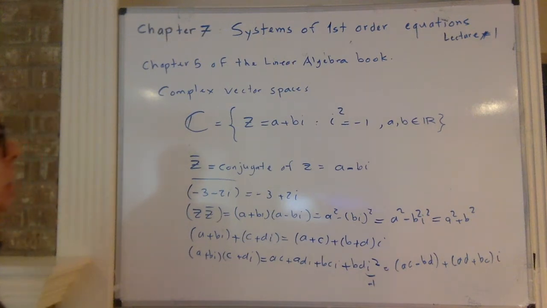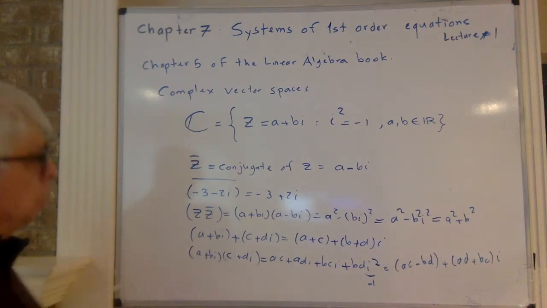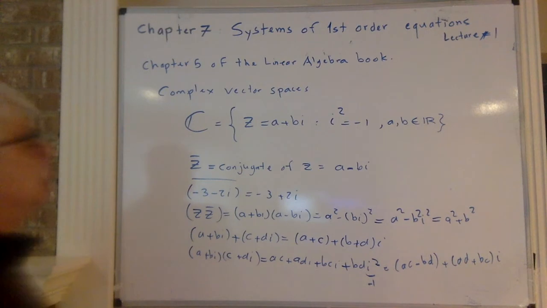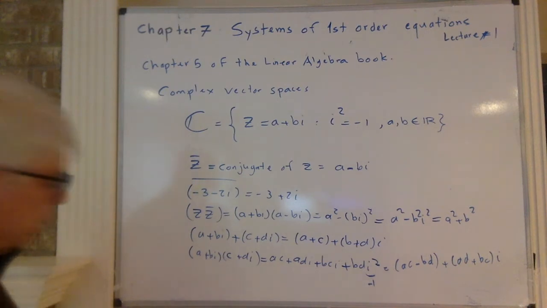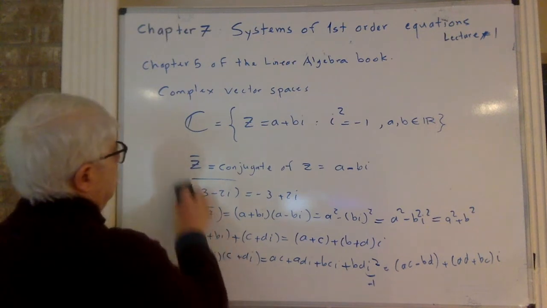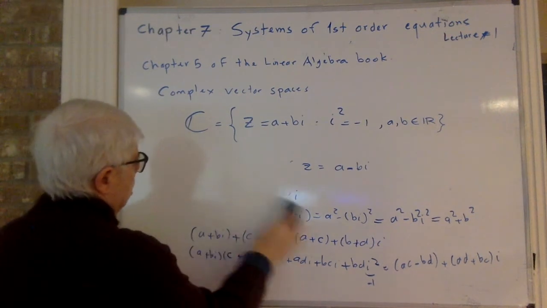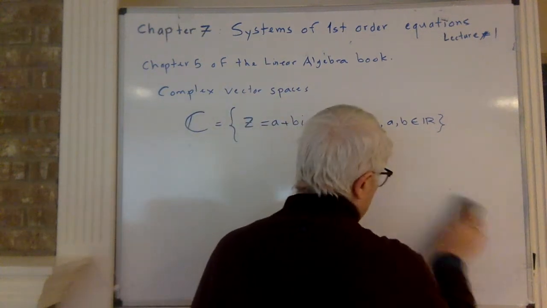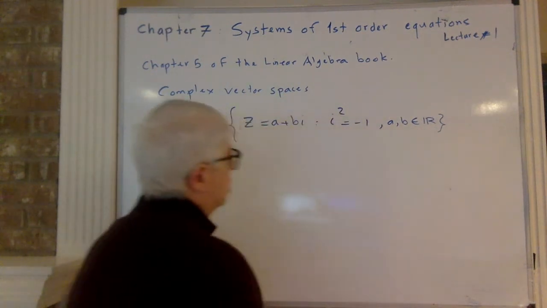You can just Google and see how you divide them and so on. We just need this for certain things. Anyway, so this can be a vector space. These things can be considered vectors over either real numbers or complex numbers. But I'm not going too much into that. So we can have complex vectors.